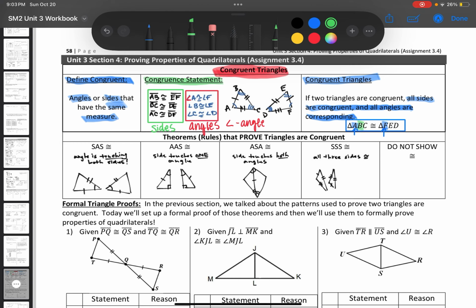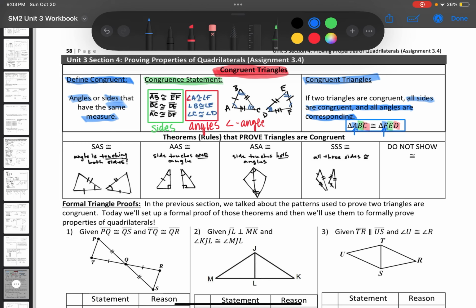And so are B and E, because they're in the second place, and so are C and D. So when you make your congruent statement, make sure you know that the ones in the same place are corresponding angles. Just a little review there.